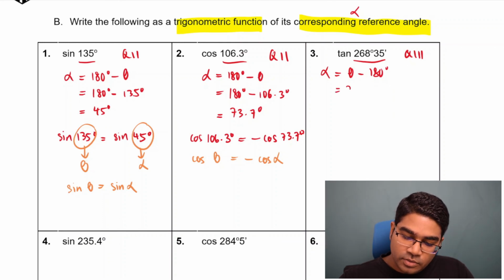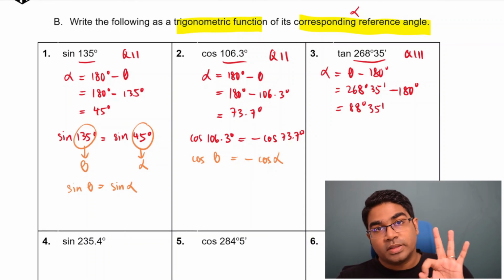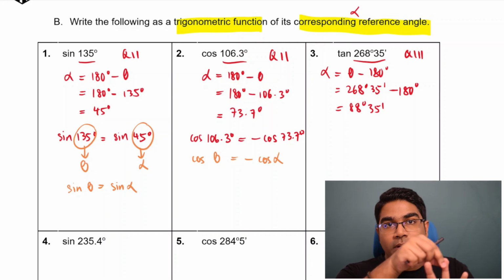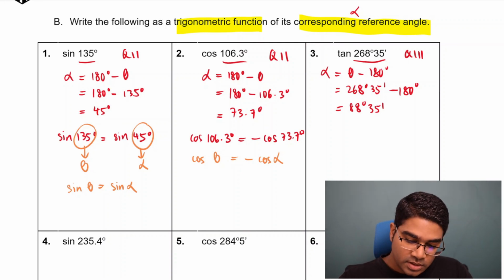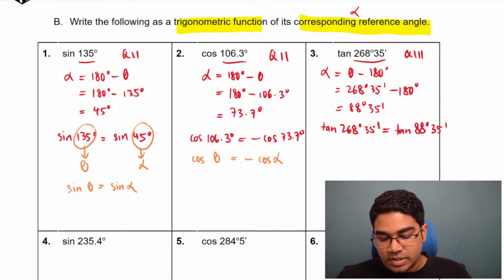So we have 268 degrees 35 minutes minus 180 degrees, and we will get 88 degrees and 35 minutes. Again, we are in the third quadrant, add sugar 2. Third quadrant tangent is positive, which means tangent of 268 degrees and 35 minutes will equal tangent 88 degrees and 35 minutes. Positive and positive.